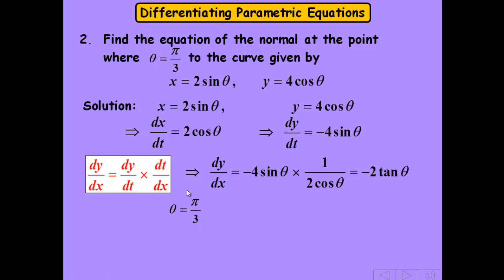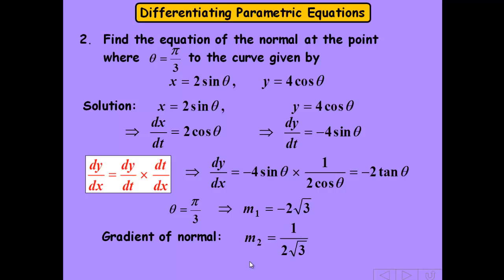Put theta equals pi over 3 in. That gives us an m value of minus 2 root 3. But remember, because it's the normal, it's the negative reciprocal, so the sign changes, becomes positive, and it's 1 over 2 root 3. So that's the gradient we use.